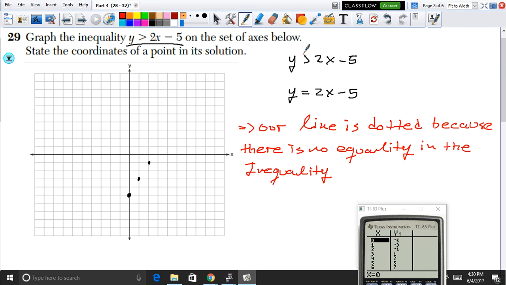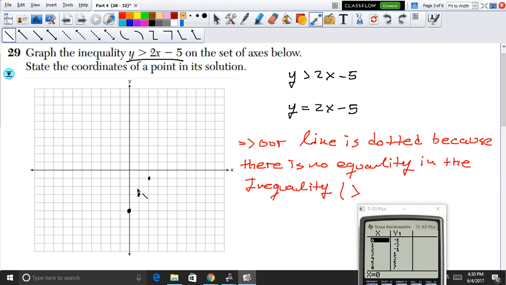So if we look at our symbol here, this is just saying less than. Because it says less than, then we know that we're going to have a dotted line. Because it just says that it's less than, then we have a dotted line.